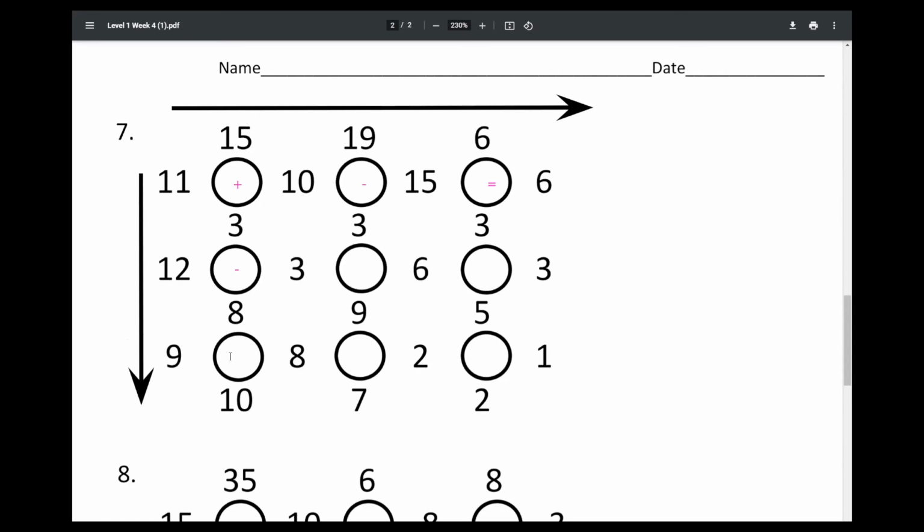What goes in the third circle? Plus. Plus 10? Don't we need an equal sign somewhere? Equal. Yeah. Okay, let's try this out. So 15 plus 3 is what, Christian? 18. And so then we're taking away 8 and we have what?